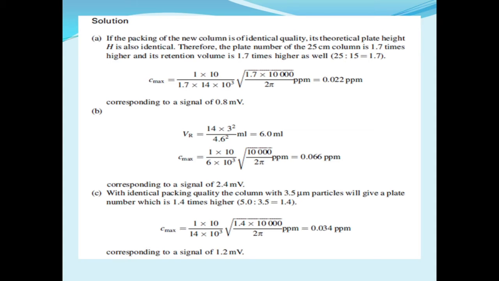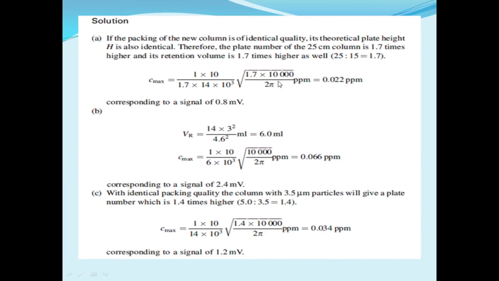Therefore 1 into 10 upon 1.7 into 14 into 10 raised to 3 into root of, again here, 1.7 multiplied by 10,000. This 10,000 is the theoretical plate number, already given in the previous problem.